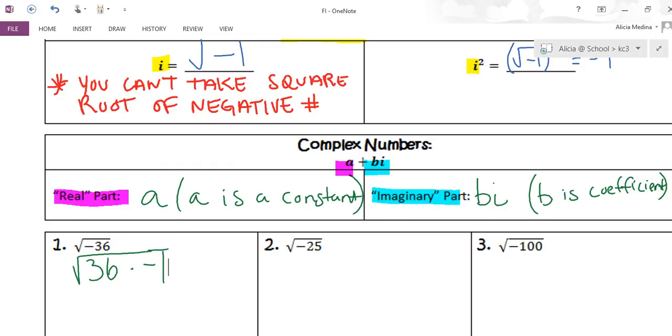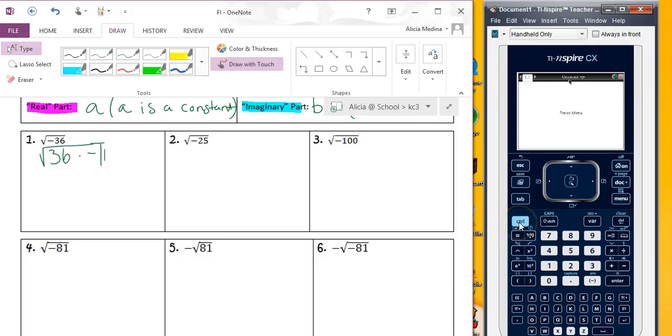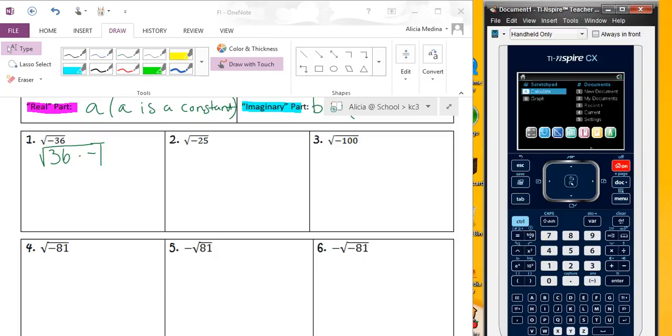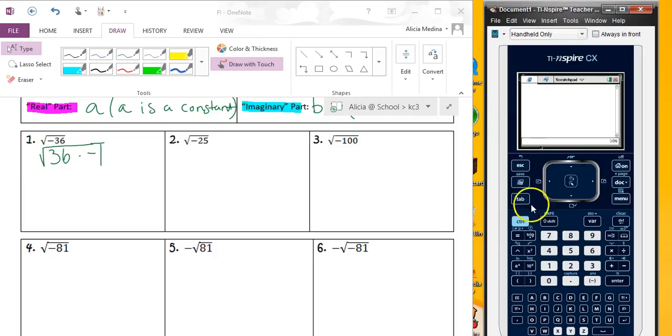I'll pull my calculator up now. On my calculator, I'm going to press Control, X squared, and type in 36. What's going on with my calculator? Let's try it again. Control, X squared. There we go. When I type in 36, I get 6.